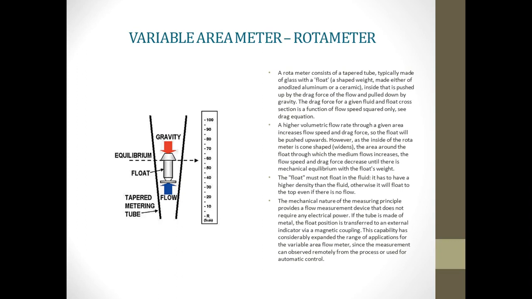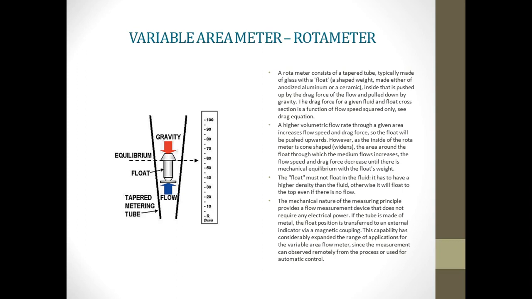As the float moves upward towards the larger end or the outlet of the tapered tube, an annular passage is opened between the inner wall of the tube and the periphery of the float. This forms a concentric opening through which the flowing material passes. The float continues to rise until the annular passage is large enough to pass all the material coming through the pipe.